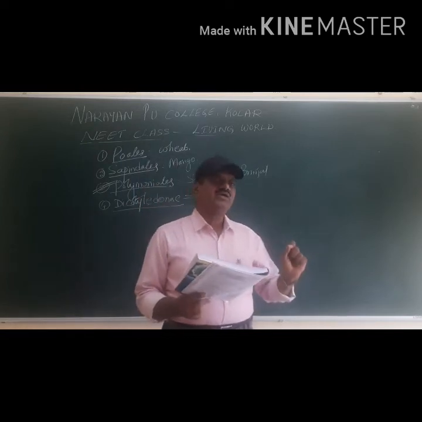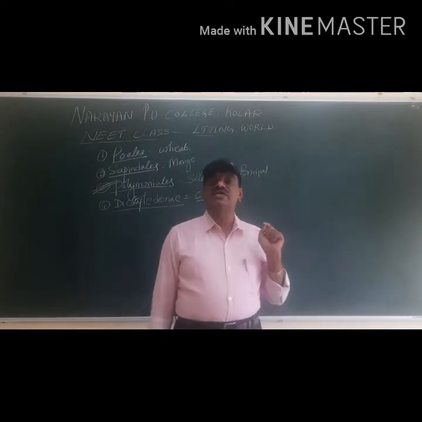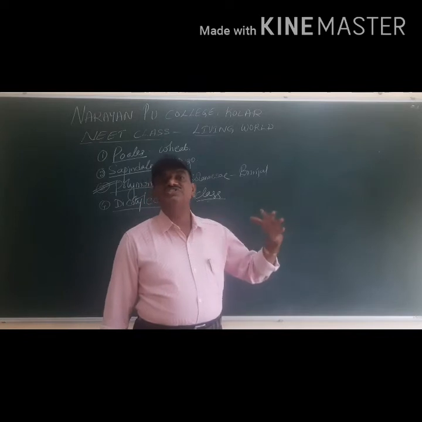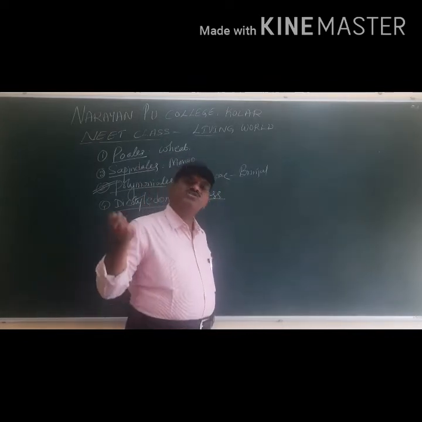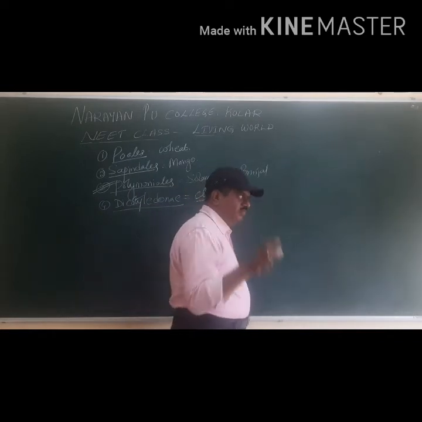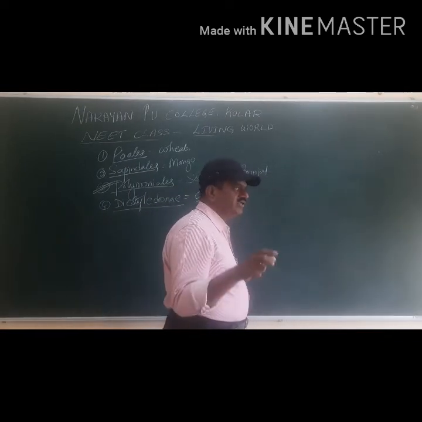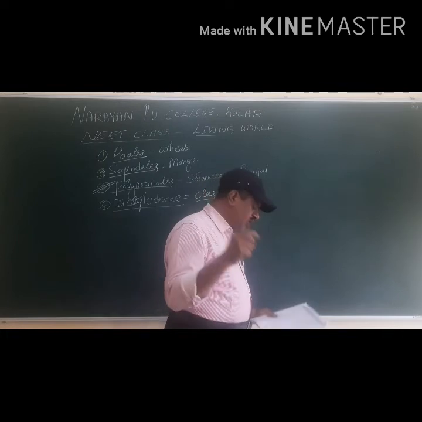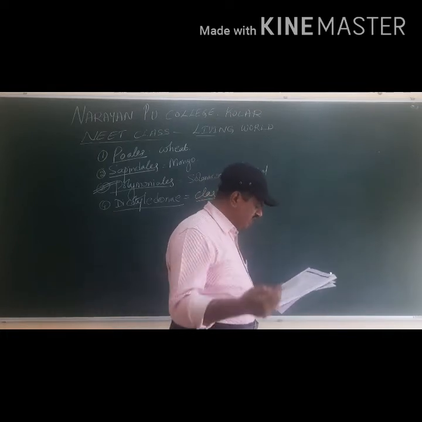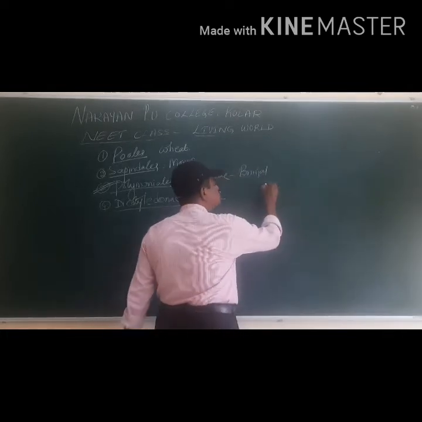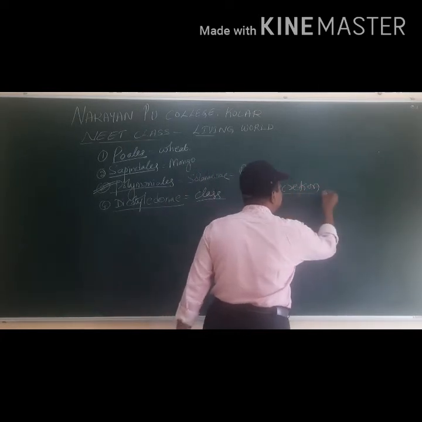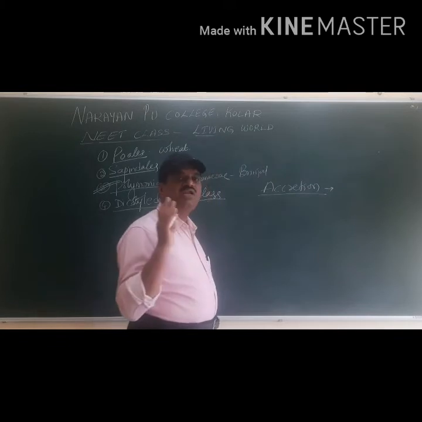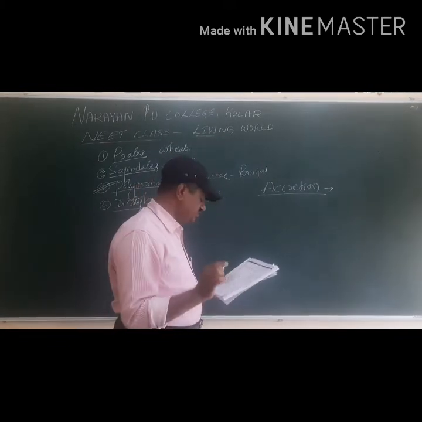We know that non-living things appear to grow due to continuous external deposition outside the object, outside the body. For example, mountains or sand mounds. Outside accumulation takes place, so it is called accretion. The word accretion is nothing but external deposition. It is outside.